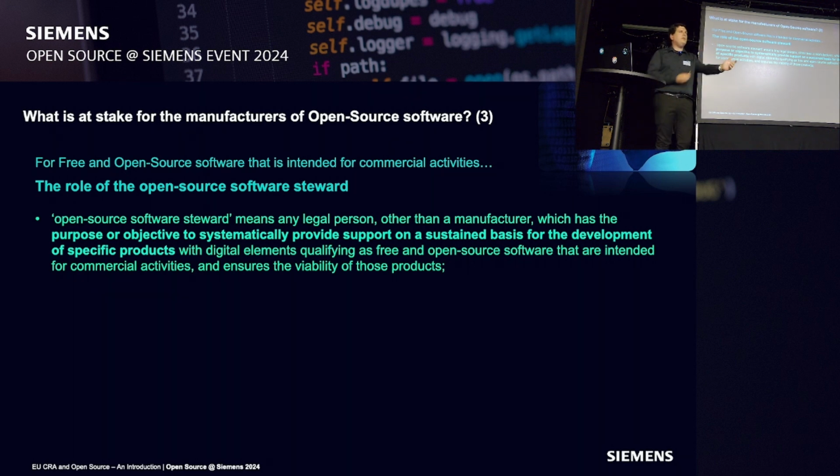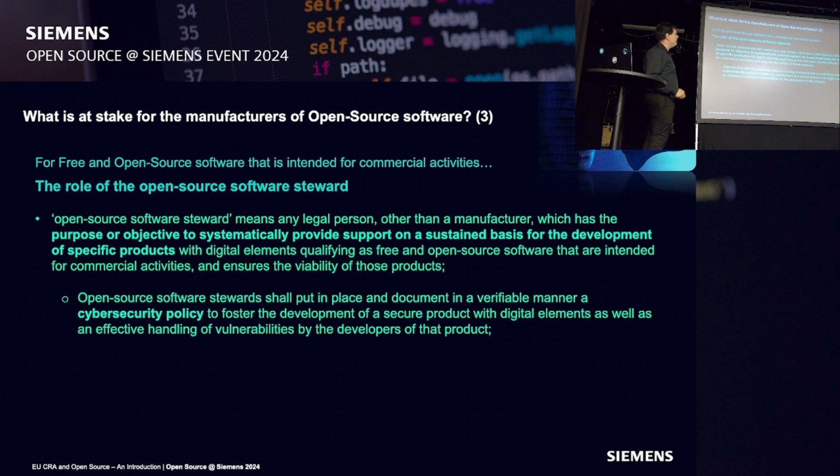Likely the OSS steward, in the end, is legally the entity itself, and they will have to nominate someone. This means I'm a foundation with multiple projects developing open source products that will be used by manufacturers, and then I have an obligation to appoint someone, one person or a group of people.